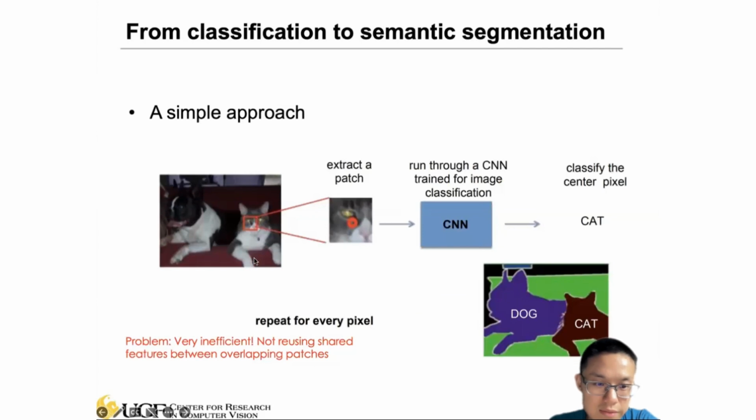But the problem is that it's very inefficient. We have to repeat the classification process for literally every pixel location.